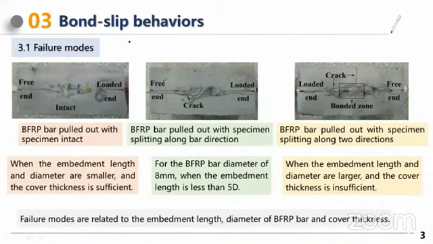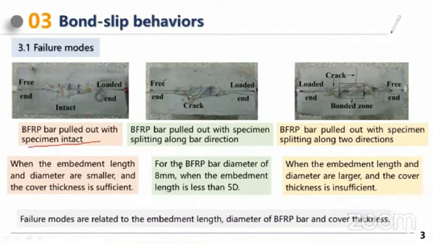Then we go to the bond slip behaviors. The failure modes are related to the embedment length, diameter, and cover thickness. When the embedment length and diameter are smaller, the cover thickness is sufficient, so the failure mode is the BFRP bar pulled out with the specimen intact.